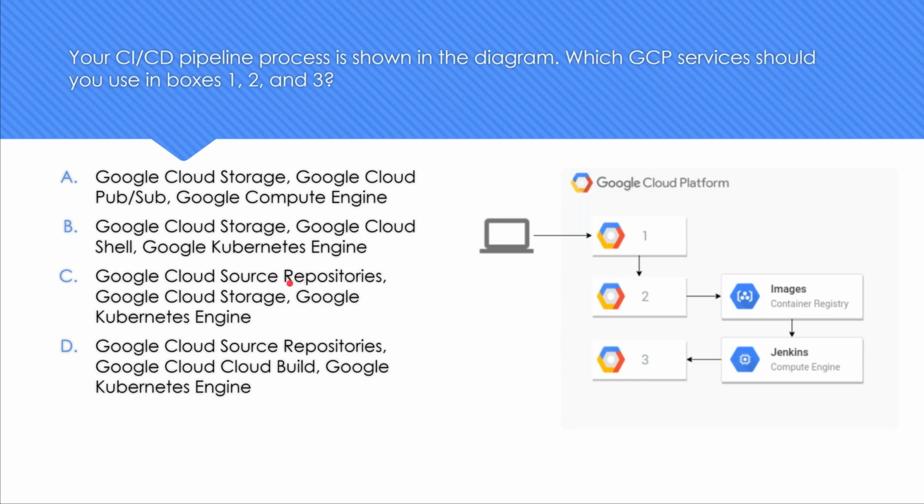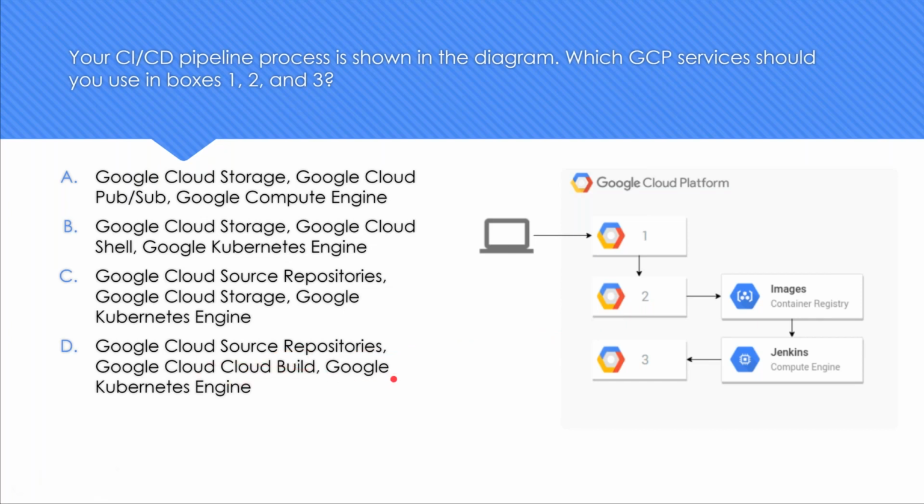Cloud Source Repositories are there in other places also, but it's already in Cloud Source Repository. If you again put it to Google Cloud Storage, it's of no use. That option is not going to work. So option D is a straightforward option.